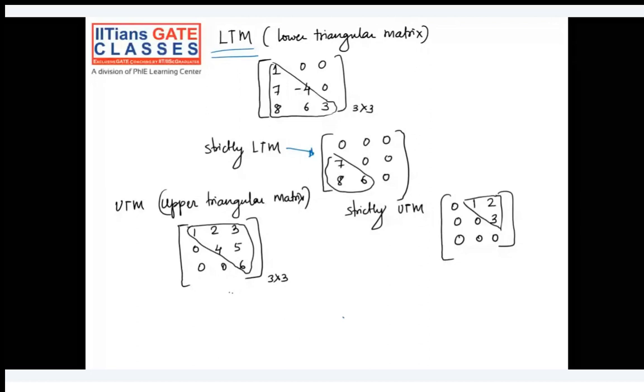The opposites are the definitions for the upper triangular matrix. Here we can clearly see the upper triangle is non-zero, and similarly we can have a strictly upper triangular matrix.